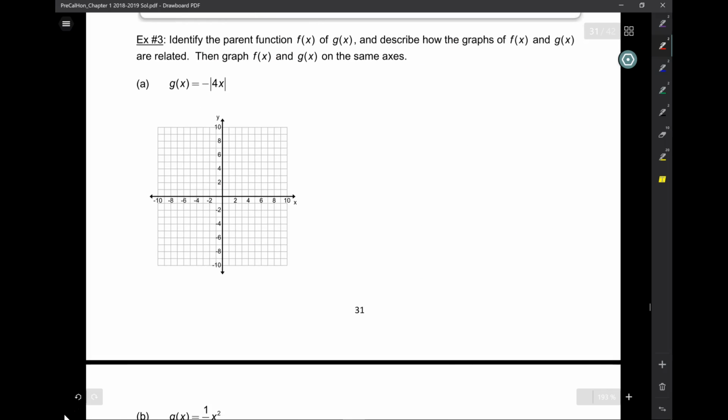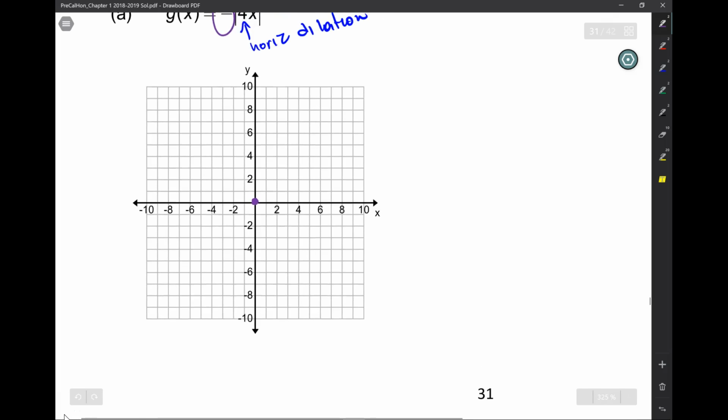So let's do some of these. Okay. This is an absolute value, right? But now there is a reflection. And what does this 4 do? Right. So this is a horizontal dilation. Okay. So at 0, what's y? 0. So now look.